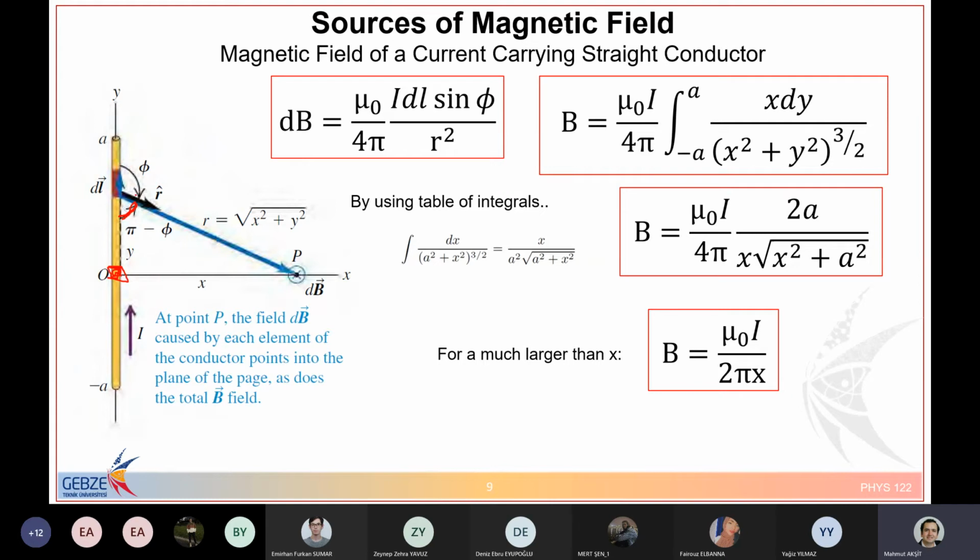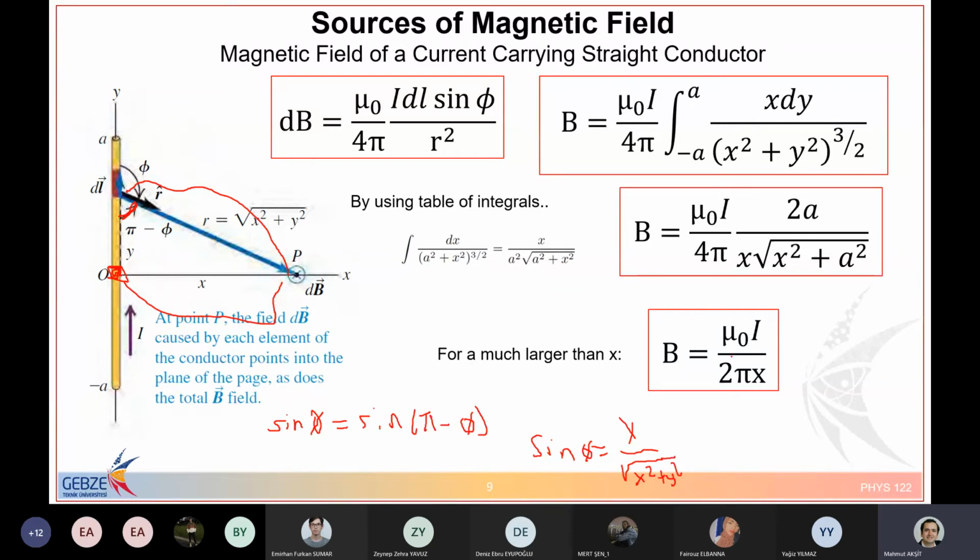This is phi, okay, sine phi over there is equal to sine pi minus phi, right? So it doesn't really matter if you use sine or sine pi minus phi. And then sine phi is equal to this length divided by this length, which is x over square root of x squared plus y squared.